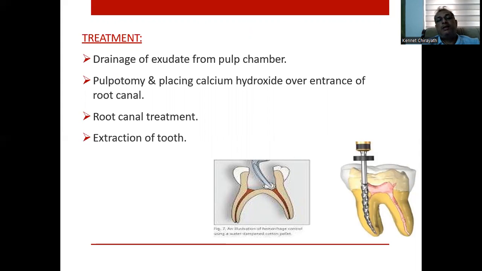The main treatment is either root canal treatment or extraction of the tooth. In a young tooth, we can give pulpotomy, to help the root complete its formation, or apexification.